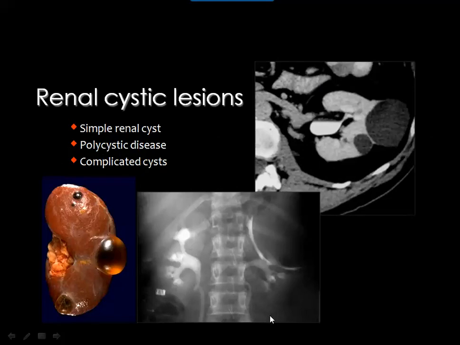Renal cysts are considered under many topics: the simple renal cyst and the Bosniak classification, the polycystic disease, and the complicated cysts. A simple renal cyst is a very common incidental finding on imaging, on ultrasound, on CT, and previously on IVU.